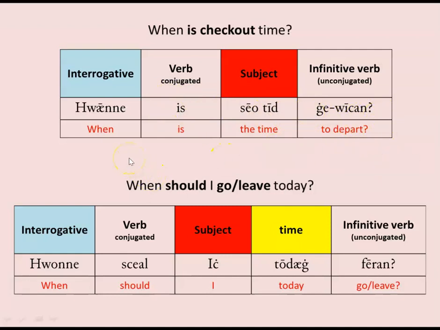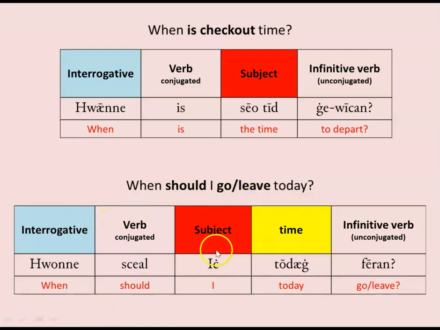When should I go leave today? All right, now hawana. See, I said hawana up here, hawana. There's a short version of it as well. Hawana. Okay, when shall ich today feiern? Okay, when should I today go leave? When should I go today?